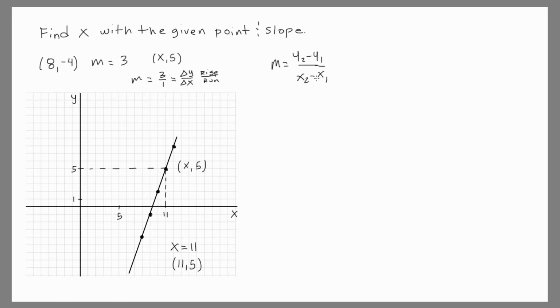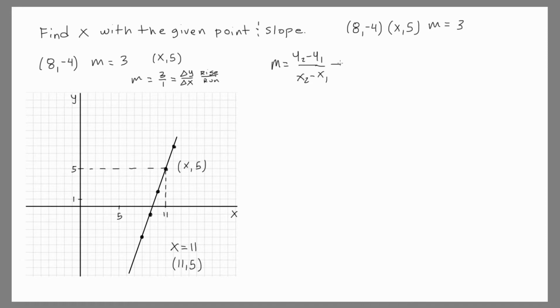And if we look at the situation here, we have a point (8, -4), and we have another point (x, 5), which, by the way, we know x to be 11. So if this algebraic method works, we should get 11. But let's say we didn't know that. And the slope is 3.